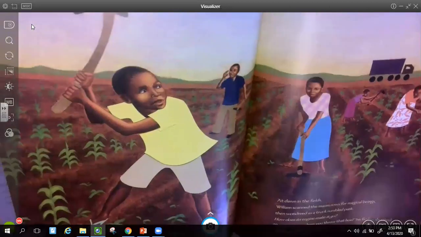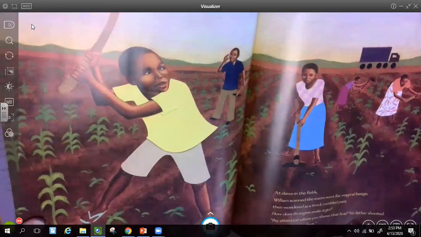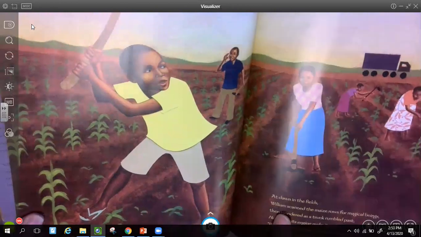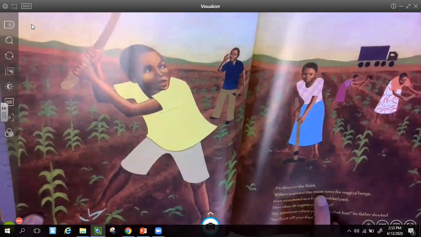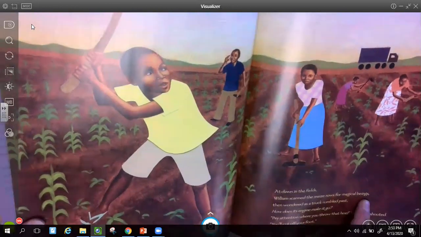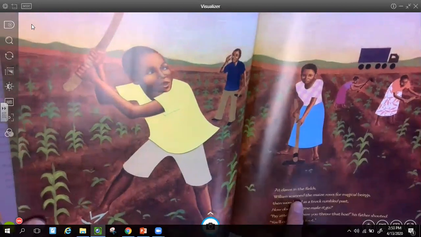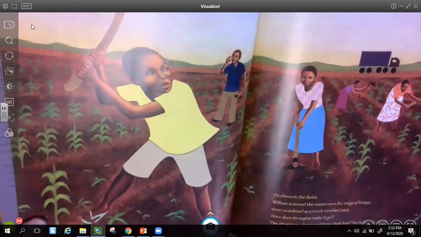So thinking about some of the non-literal and literal meanings of words and phrases in this story, let's look at this phrase here. William scanned the maze rows for magical beings. First, let's think about the word scanned. To scan, usually we think of using computers, right?